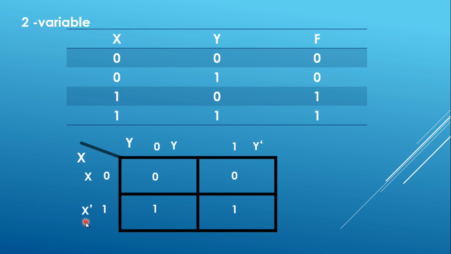In SOP expression, when x is 0 we consider it as x bar, and when it is 1 we consider it as x. But in a POS expression, it is the other way round. So when y is 0, it is y in non-complemented form, and when it is 1, it is represented as y bar. Correct?